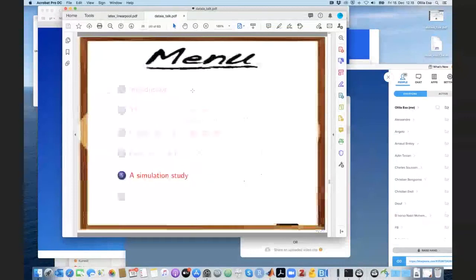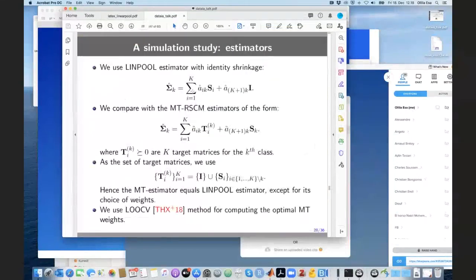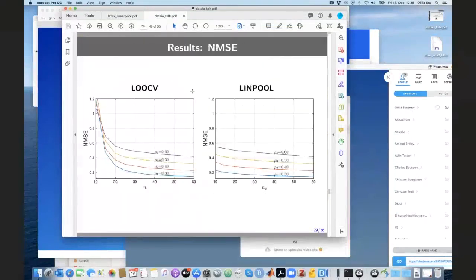Okay, now I went in the wrong direction. Okay, so here is the result. Here on the x-axis, this is the mean squared error, the blue line, for the estimator of the first class. In the first class, the correlation parameter was equal to 0.3, and in the fourth class, it was 0.6.